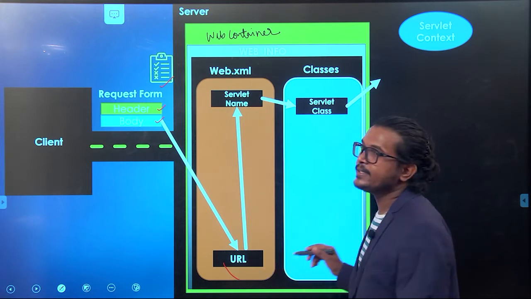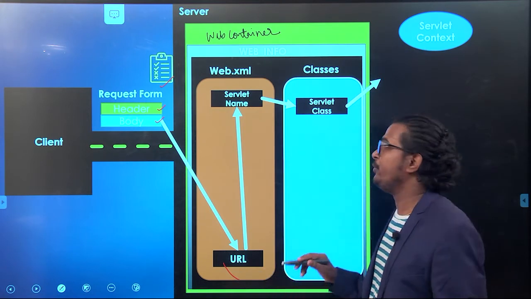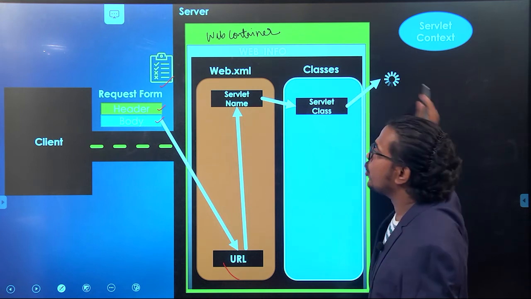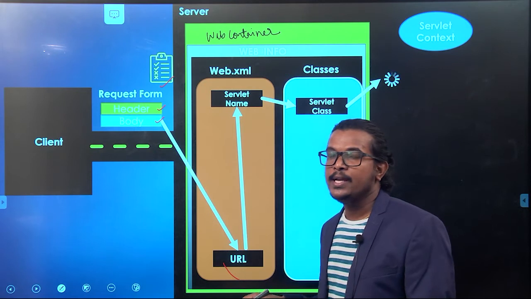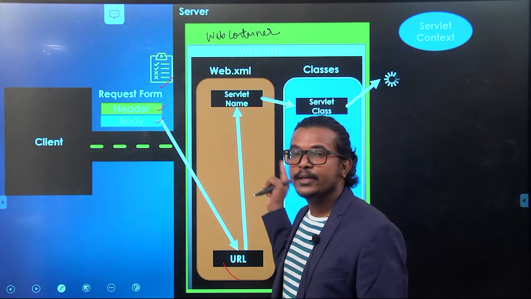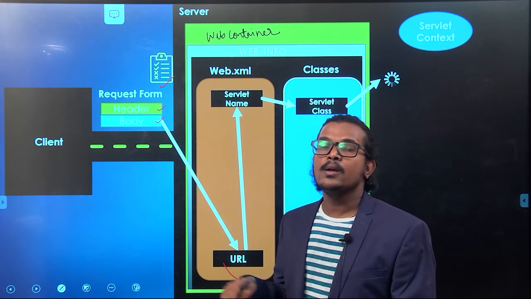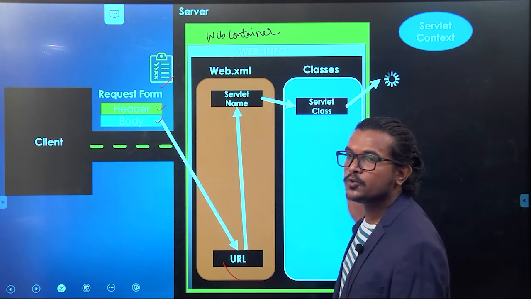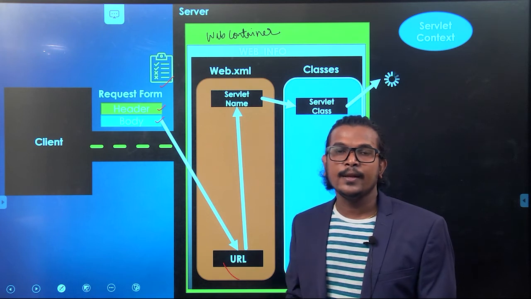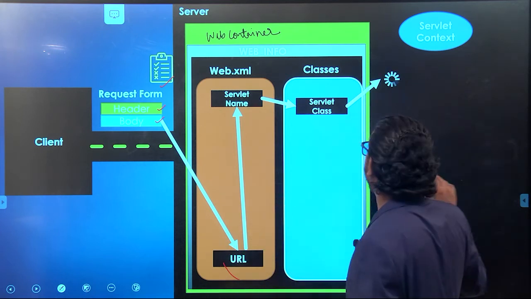Before loading, first it will verify whether that servlet is already available in the memory or not. If the servlet is already available, it will make use of it. If the servlet is not available in the memory, it will create one object.